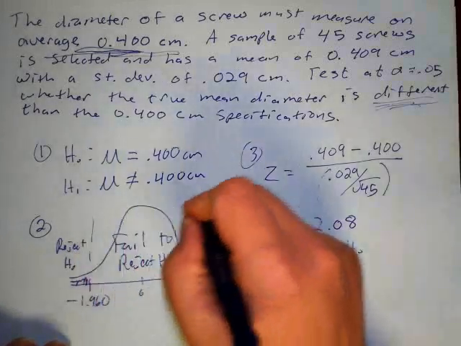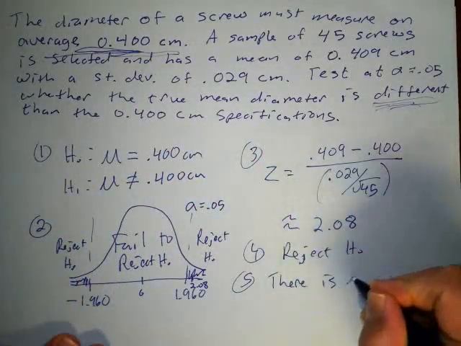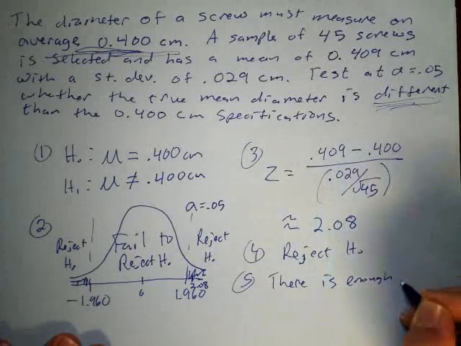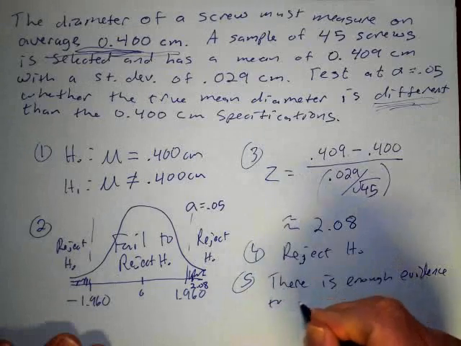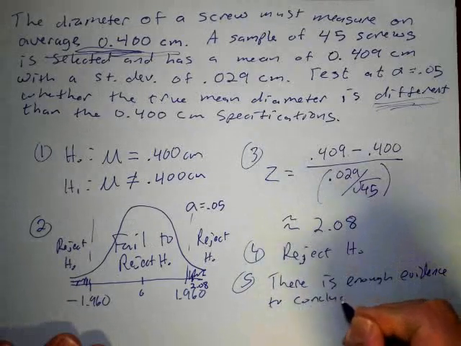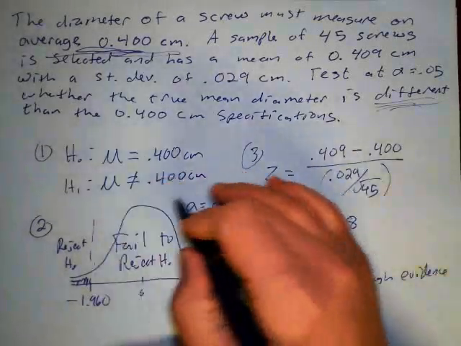And so that means, to interpret my results, I'm going to say there is enough evidence to conclude what this alternative is saying. There is enough evidence to conclude, and what am I concluding?